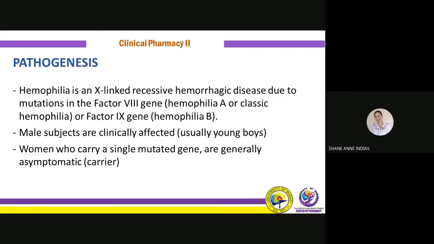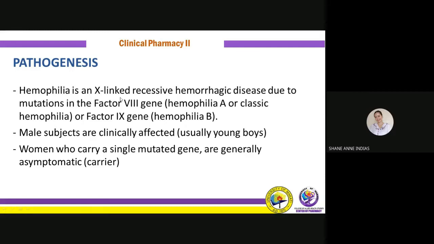For the pathogenesis, hemophilia, as mentioned earlier, is an X-linked recessive hemorrhagic disease due to mutations in factor 8, which is hemophilia A or classic hemophilia, or factor 9, which is hemophilia B or the Christmas disease.